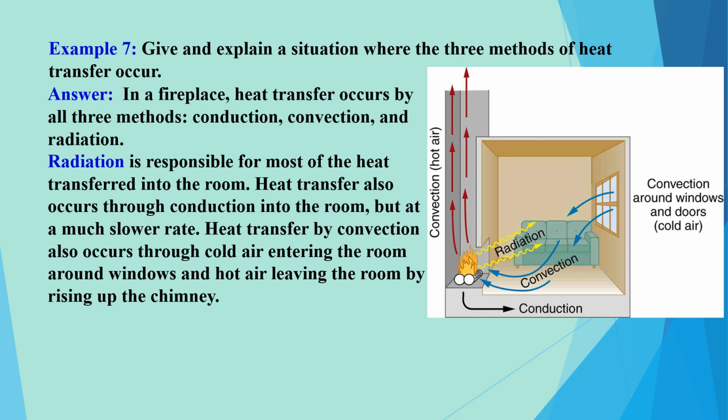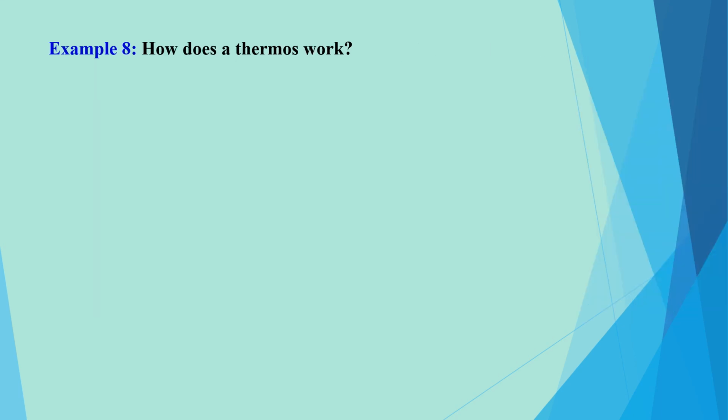Heat transfer also occurs through conduction into the room, but at a much slower rate. Heat transfer by convection also occurs through cold air entering the room around windows and hot air leaving the room by rising up the chimney.